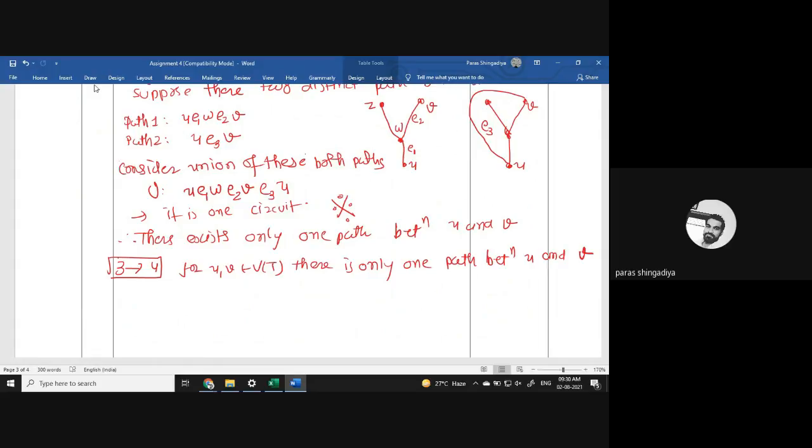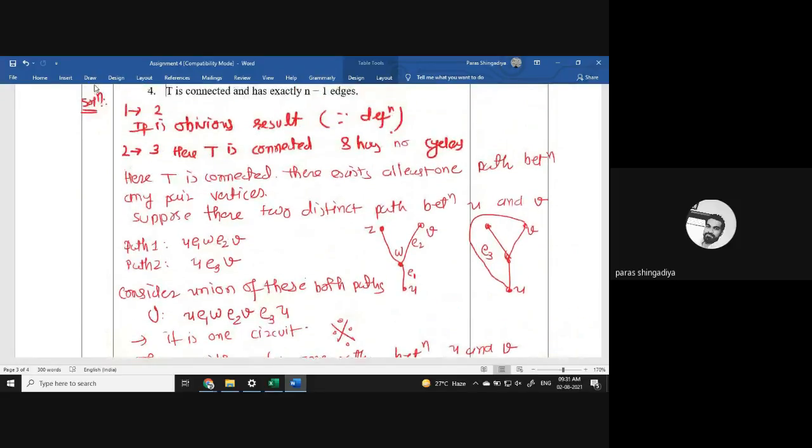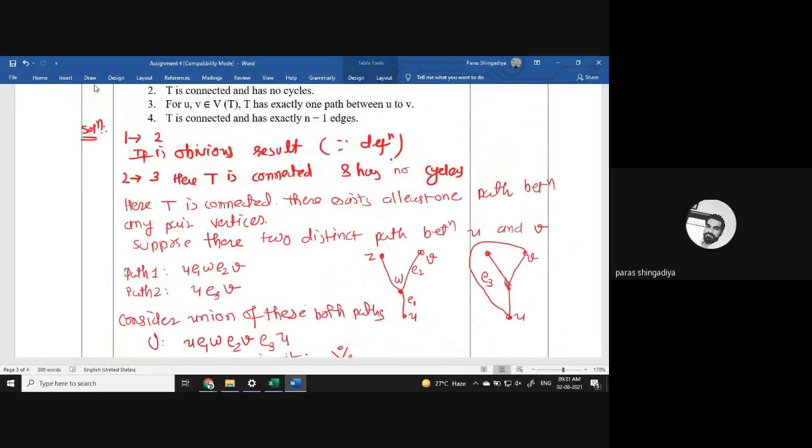Okay, and you have to prove that T is connected and it has exactly n minus 1 edges.